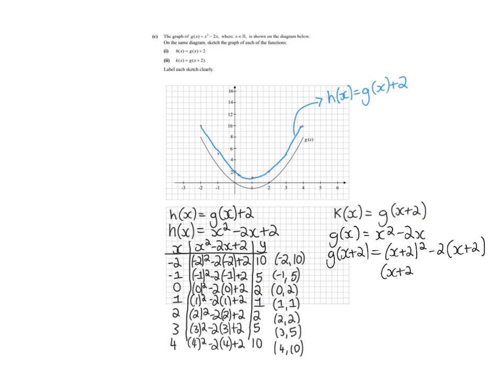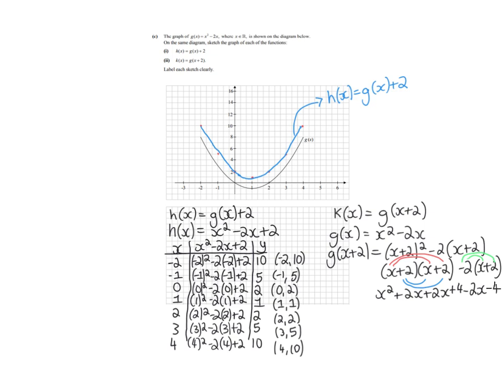Multiplying that out then, we're going to get the answer. So this will become x by x and x by plus 2, and then 2 by x and 2 by 2. So this will become x squared plus 2x plus 2x plus 4, and then multiplying minus 2 by x and minus 2 by 2, we're going to get an answer of minus 2x minus 4.